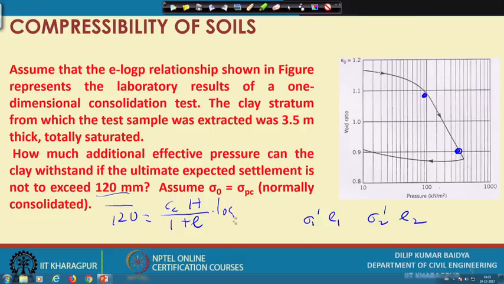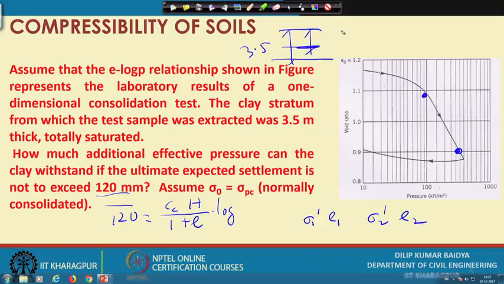into log, actually you can see additional pressure can be found. So, what is the initial pressure? Suppose the soil layer is 3.5 meter thick. Then at the middle what is the effective stress?